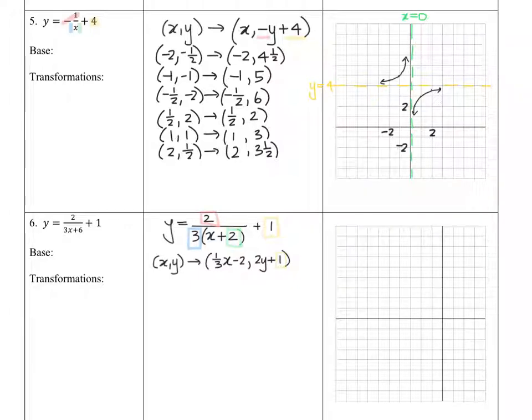There's the 2 for a. The b value of 3 turns into 1 over 3 for 1 over b. And then we see x plus 2. That means we move 2 units to the left, so that's why you see minus 2 there. Okay. So now we're going to take our formula. We are again going to just write down all of our base graph points and then transform them accordingly.